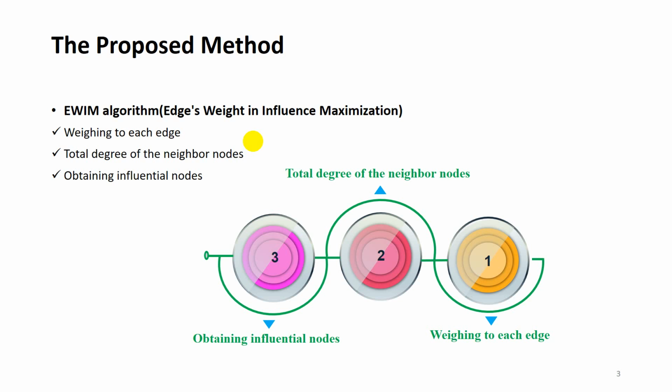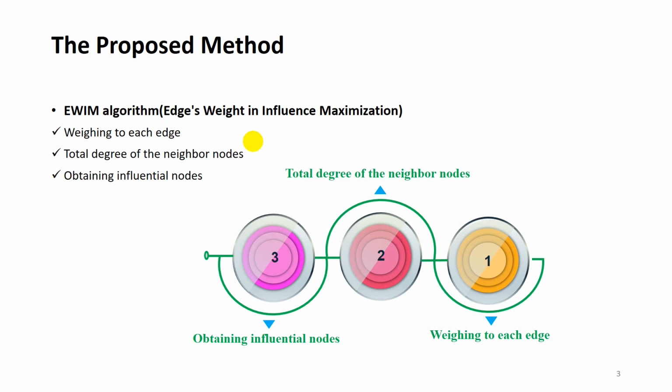The EWIM algorithm paid special attention to the differences between the edges in the graph in terms of different topologies in social networks, including triangles, Jaccard index, and core number, to solve the IMP.